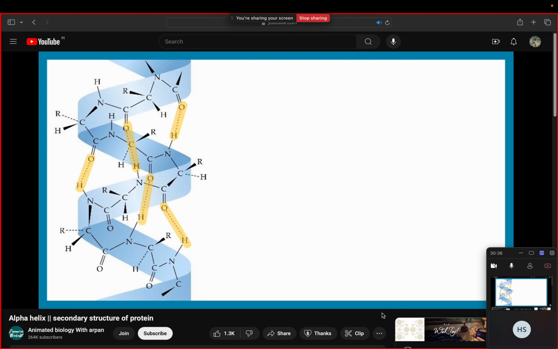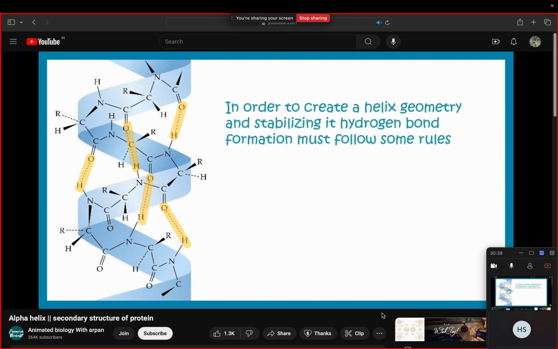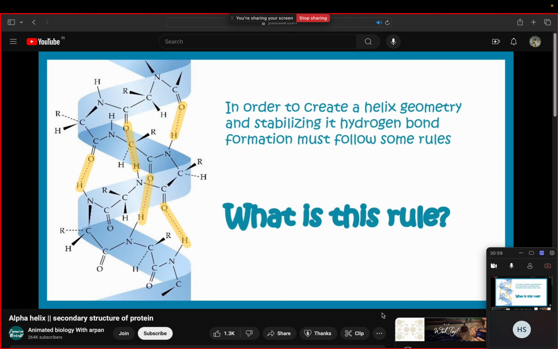Before coming to that rule, we should understand that going from a scattered structure of a protein, that means the primary structure, to making a geometrical structure like a helix is a long process. It requires a lot of planning and organization to make such a geometrically organized structure. So there must be some rule which is governing these interactions, which helps to stabilize these kinds of helical structures.